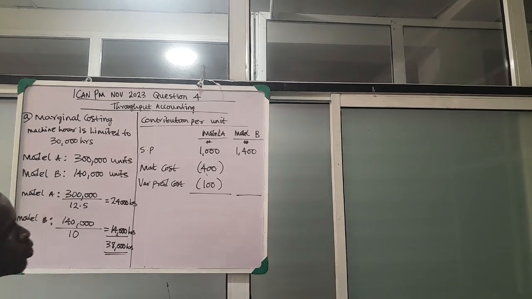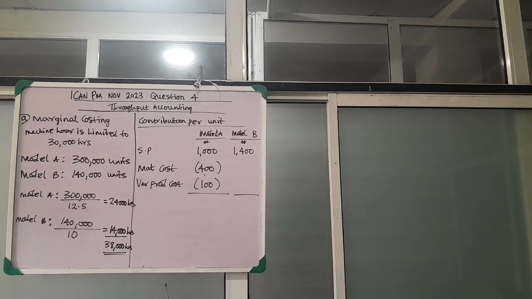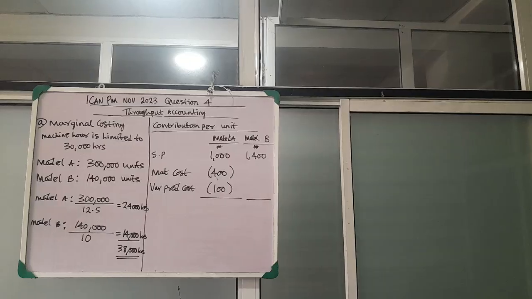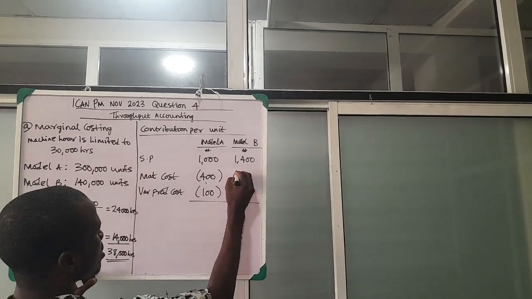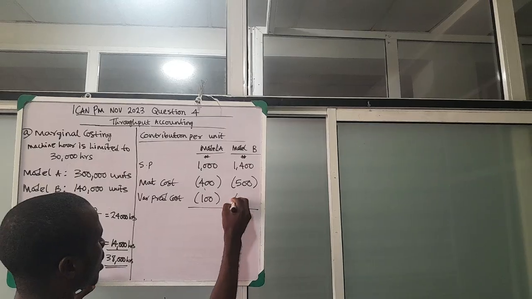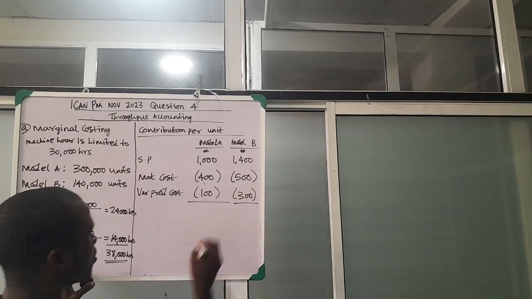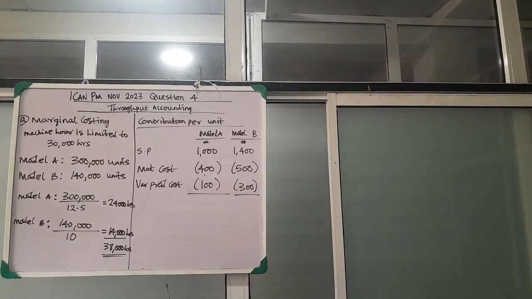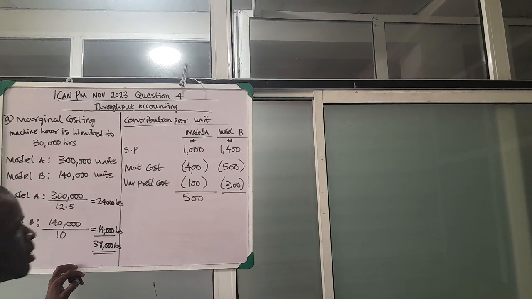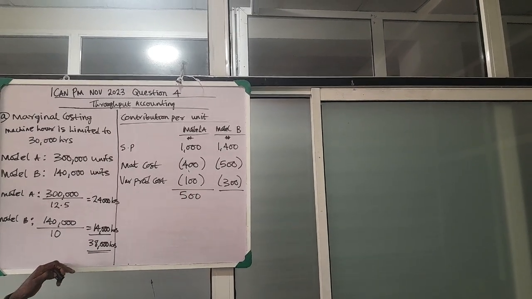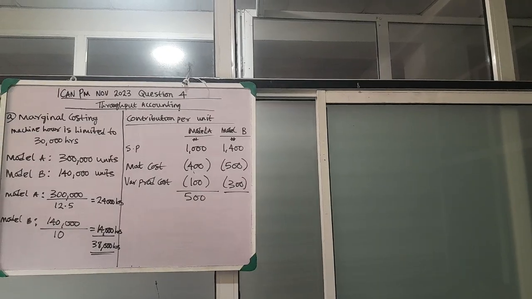The same goes to model B. Model B, I have material cost to be 500 and variable production cost to be 300. So 1,000 minus 400 minus 100 will give us 500. 1,400 less 500 gives us 900.